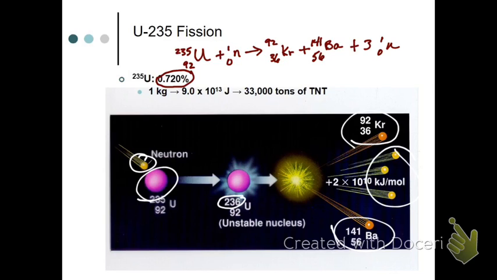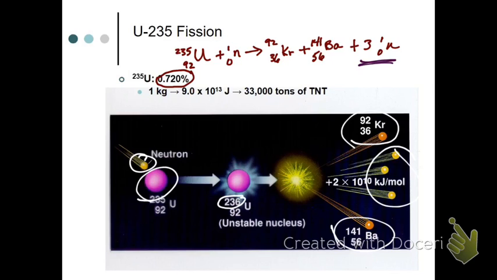What's actually key to this, and this is something that when we talk about nuclear energy and reactors and explosives, is that we actually get a situation where we have 1 neutron absorbed and 3 neutrons produced. So this actually can lead to a chain reaction.